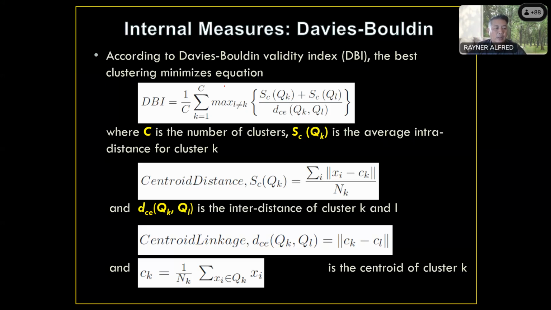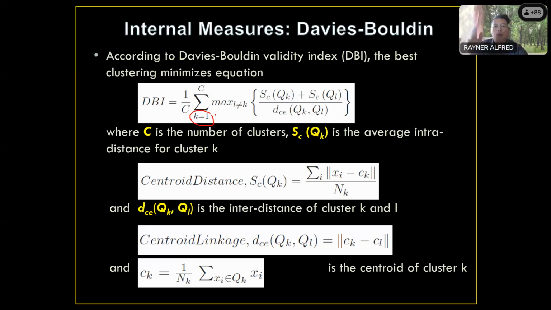So if you look at the formula here, the formula here saying that for every cluster that I have, so that means I'm going from cluster 1 up to C. So what I will do for each of the cluster, I will take the worst scenario between the connection between this cluster to the other cluster.